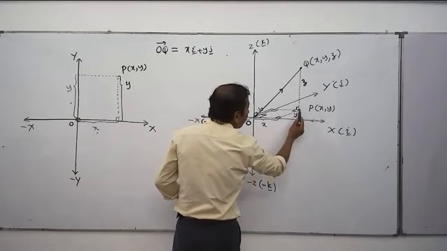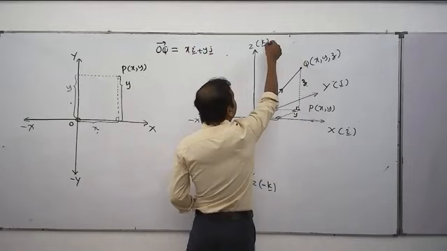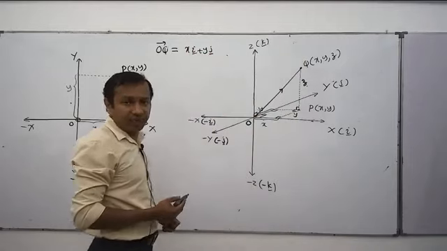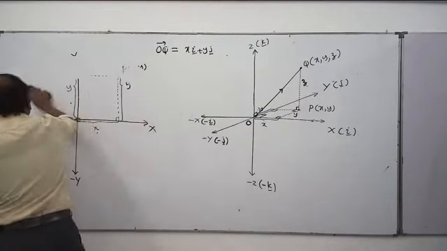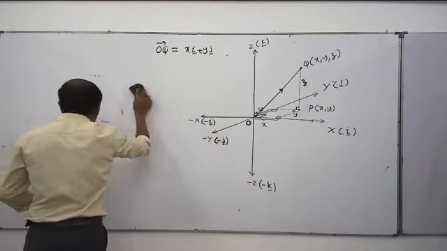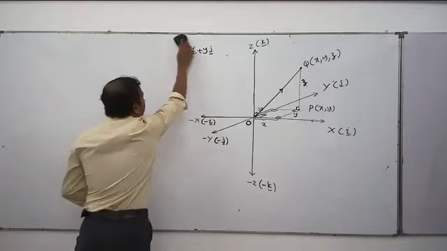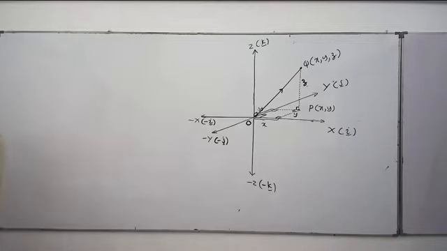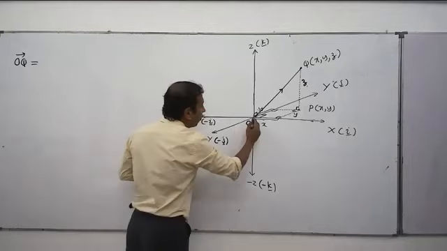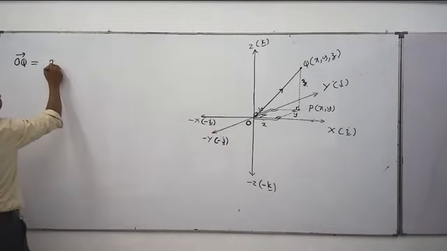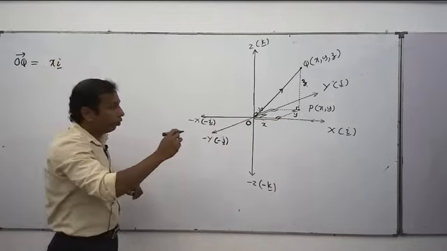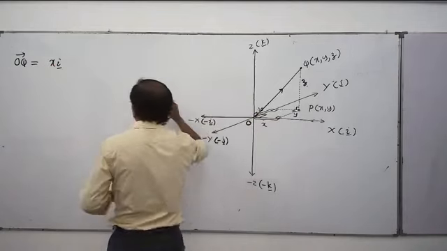What is this vector? From here to here. Is that k? Okay. Then I can write the position vector of Q. Write down position vector of Q. Position vector of Q, we can write OQ vector. What is that, people? Here, from here to here vector is what? Length is x, unit vector is i, xi. From here to here, yj.